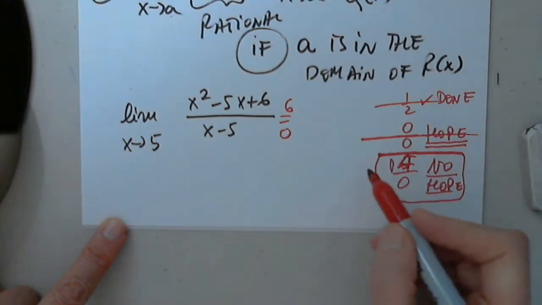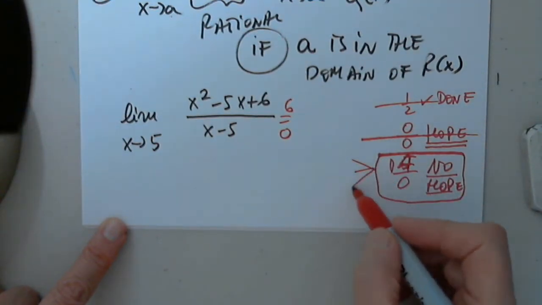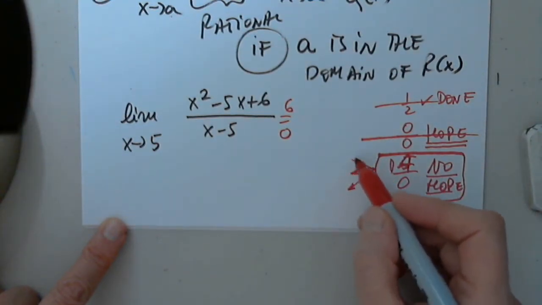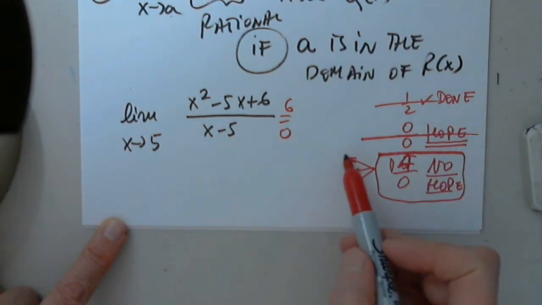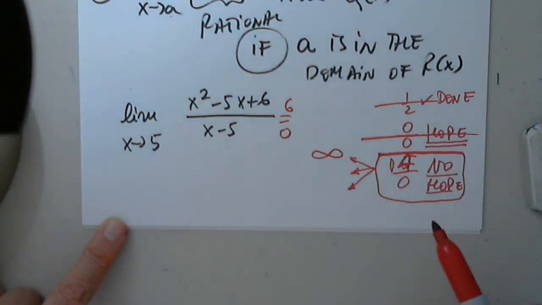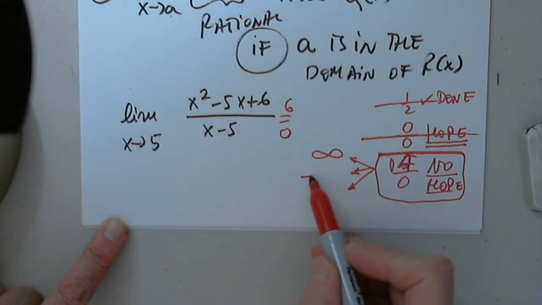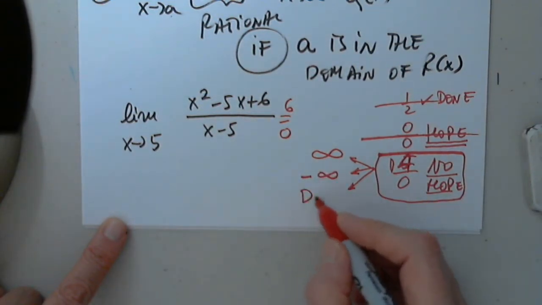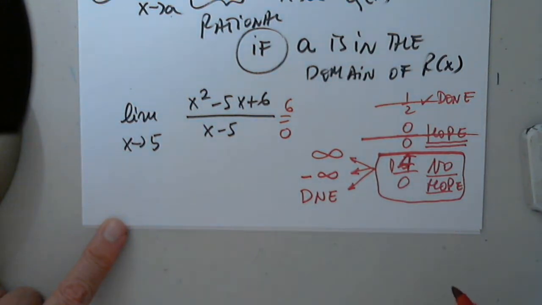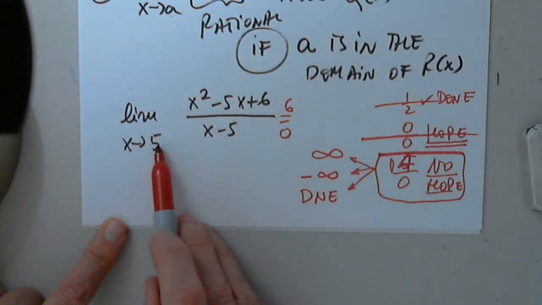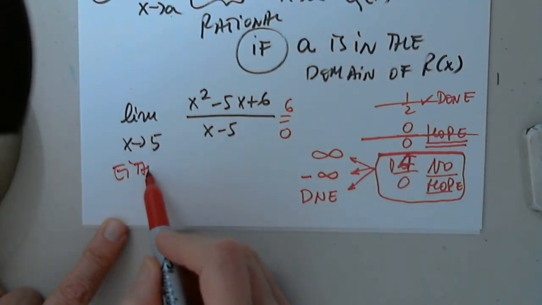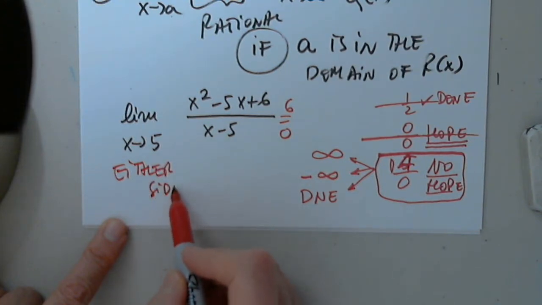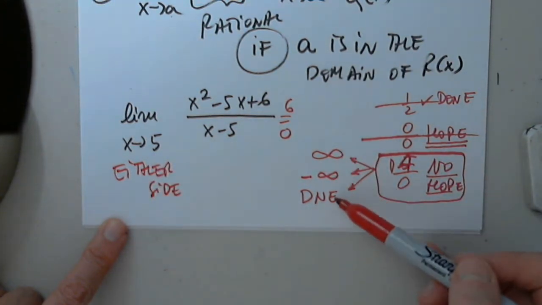But in this situation, I have three possibilities, and I do not know what to write. One possibility is the answer is infinity. The second possibility is negative infinity. And the third possibility is DNE. Because it's from either side, I do not know which one it is.